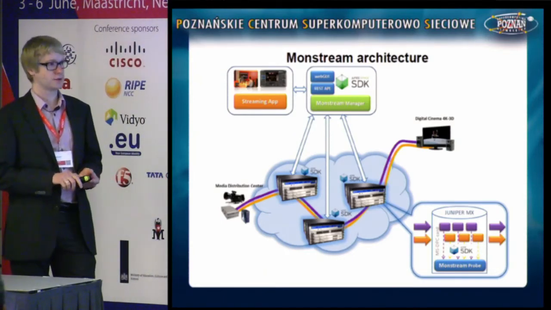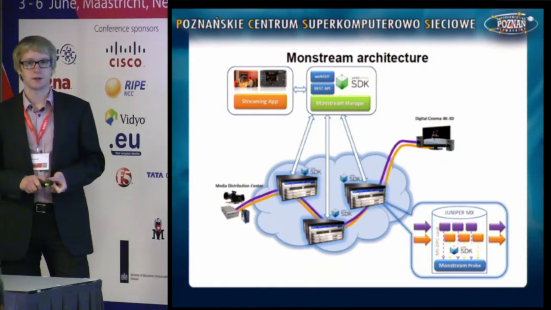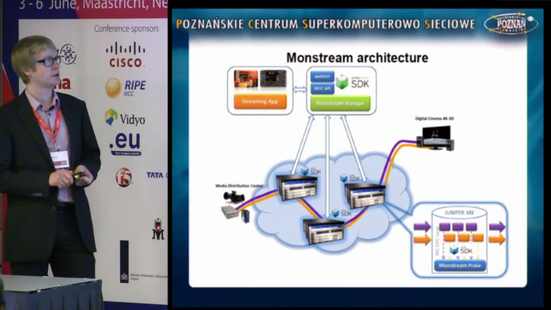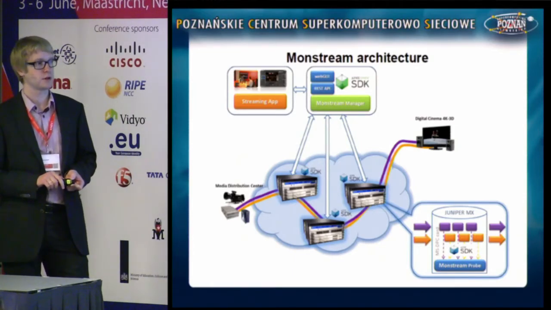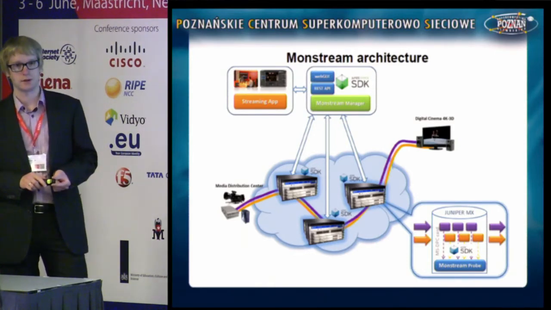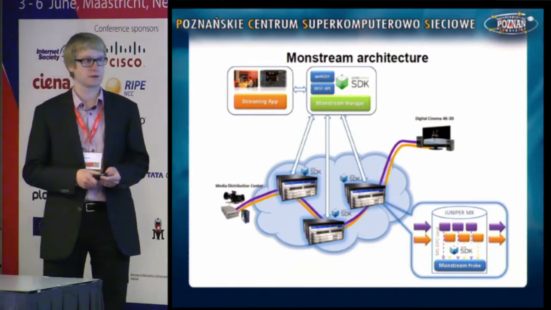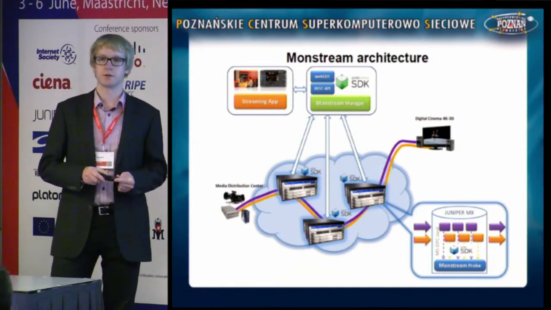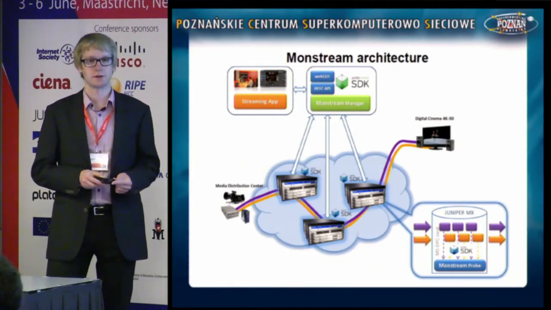We look for the stream on each device, and results are gathered back by the manager, and the MonStream manager visualizes this path inside the network and looks for problems.